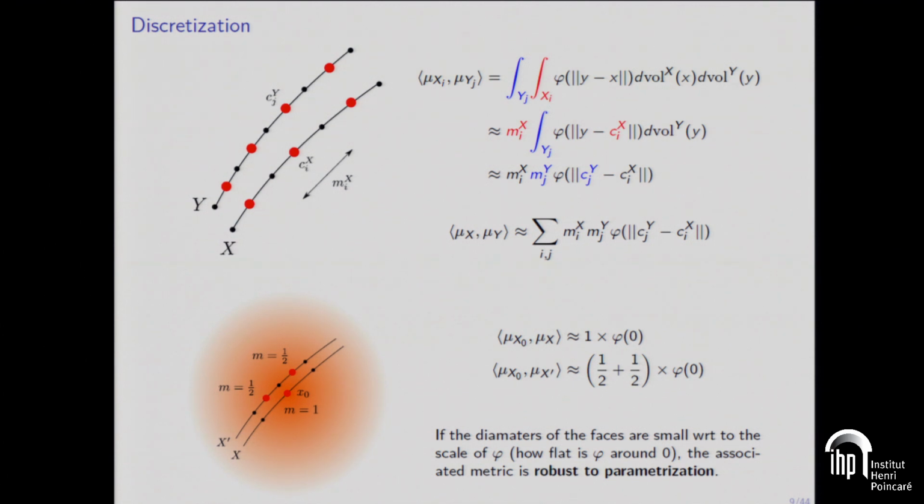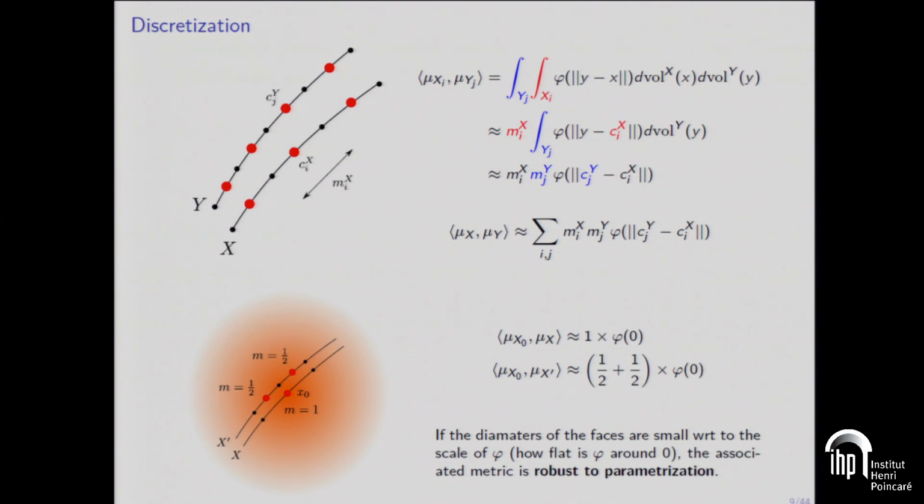So how do you go to discrete shapes? In practice, when dealing with curves or surfaces, you have a polygonal line or a triangulated surface. So I will call a face either a segment of your curve or a triangle of your surface.